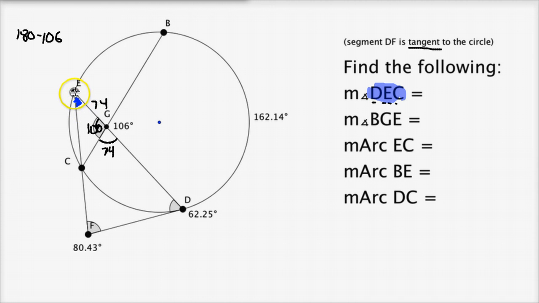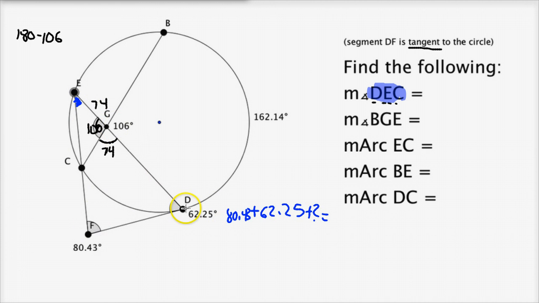I noticed that DEC uses the corners D, E, and F of a triangle there. And in the corner for angle D, that's 62.25. And up in the corner for E, we don't know what that is, so we'll put a question mark. But then for the corner with F, that would be 80.43. So now that we have that, those are three angles inside a triangle.